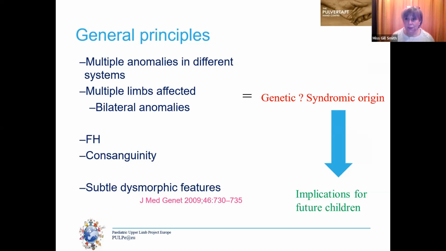Remember as well to take a family history, because there may be a family history which will indicate a genetic problem. And consanguinity will increase the risk of particularly autosomal recessive disorders. And look out for those subtly different features: the slightly low set ears, the slightly wider or narrow spaced eyes, a nose that's very flat or upturned, a long lip.